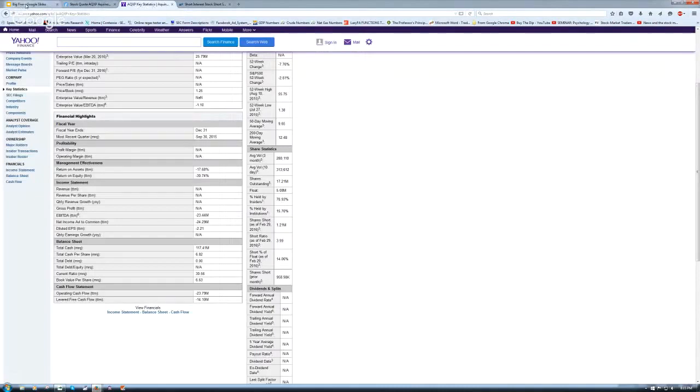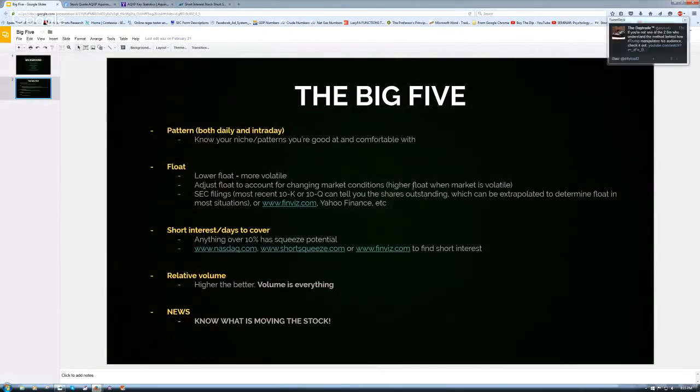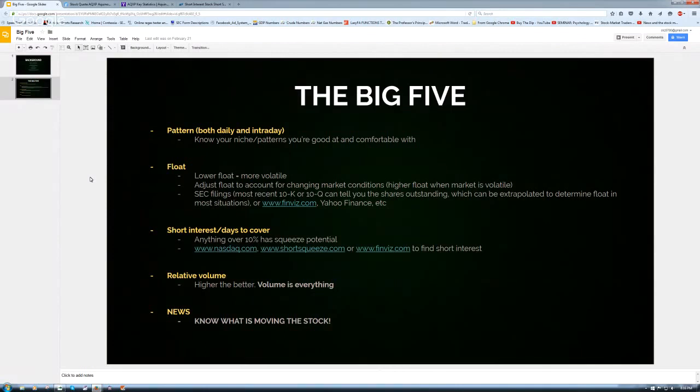What you can do is estimate a worst-case scenario by looking at the SEC filings, because the most recent 10Q or 10K will tell you the number of shares outstanding as of the date of the reporting period. The float can't possibly be higher than the shares outstanding, so there's your worst-case scenario.